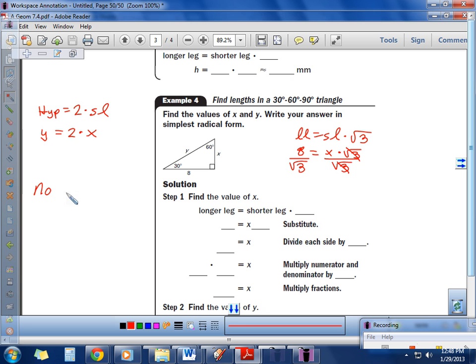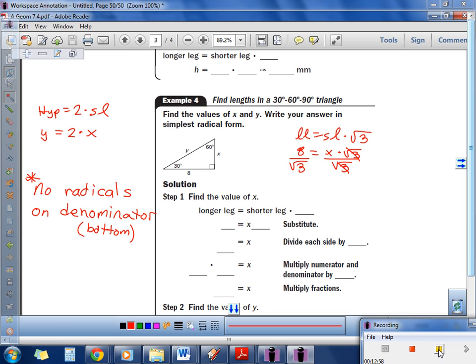Just write the fact that no radicals on the denominator. The denominator is the bottom. This is a key fact that you have to know. You cannot leave radicals on the bottom, so we got to simplify that.